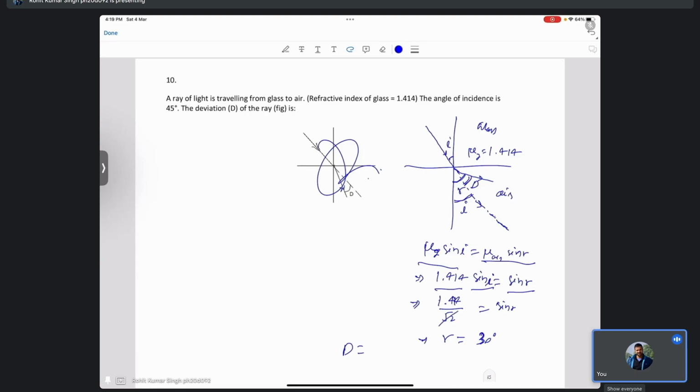So it will be cancelled, and sine R will be 1. Then R is 90 degree, and so the deviation is R minus I, which is equal to 45 degree, right?